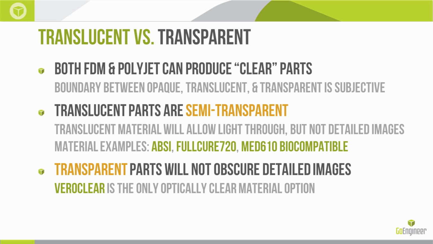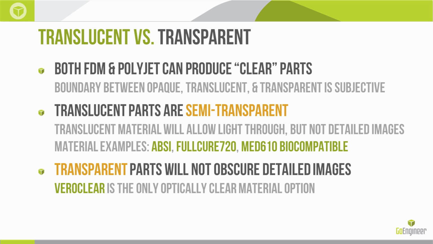And then some semi-transparent materials on the PolyJet side would be our FullCure 720 and the MED610 biocompatible material. I would consider those translucent, but with post-processing, we can't really get them to be transparent. The only material that I would try to make transparent from the Stratasys lineup is the Vero Clear material. It's really the only material that we could make optically clear. And that's what we're going to be talking about today.